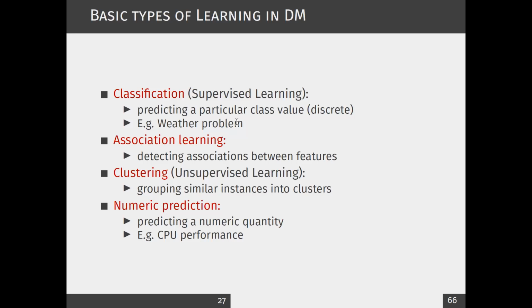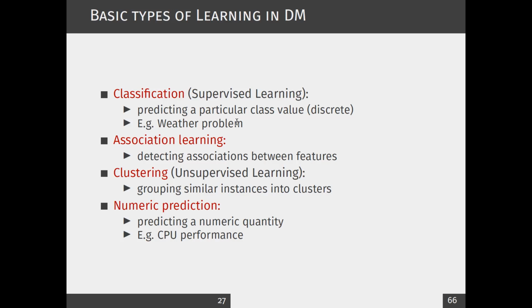Now, 4 things. Any learning, we talk about a lot of different types of learning. So here you can see classification, which we sometimes call supervised learning. And then we have association learning, clustering, and then numeric prediction. So classification means we are going to predict a particular class. In our play attribute, the play is the class.